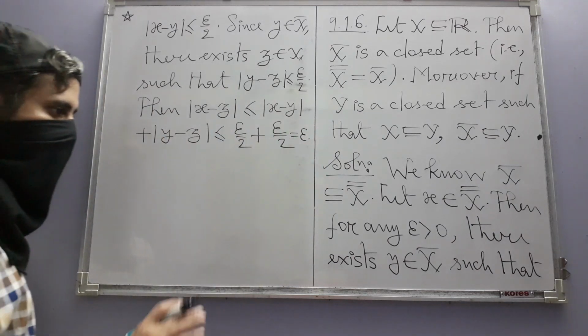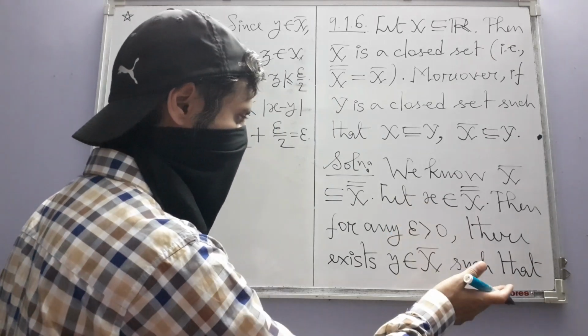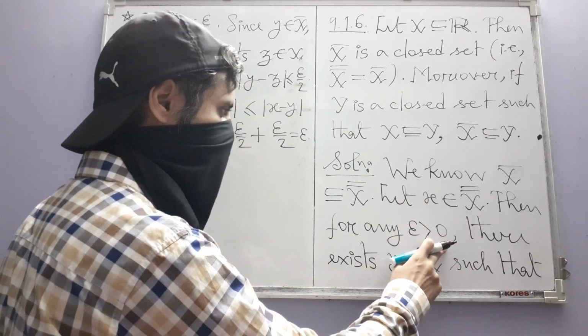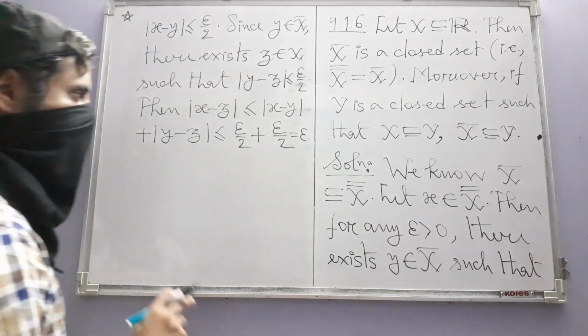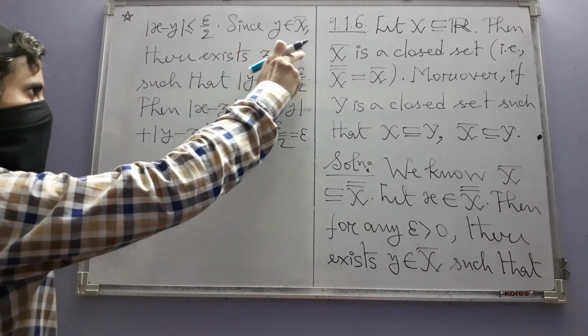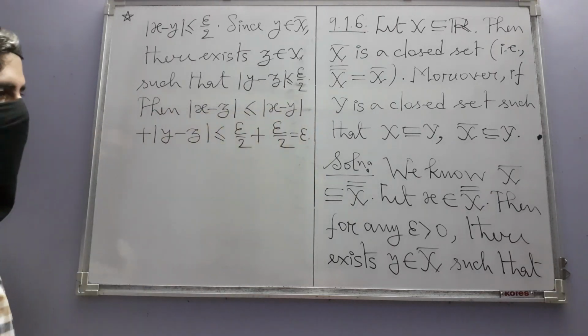So that's it. What have we shown? We have shown that for any point x, and any positive epsilon, there exists an element z in X that is epsilon close to x.